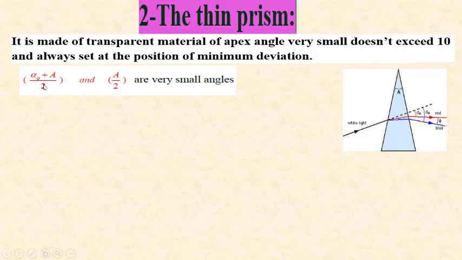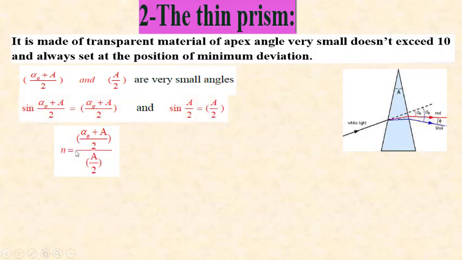But note, if alpha naught plus A over 2 and A over 2 are very small angles, as A equals 10 or less than 10, then the sine of them equals the angle itself. So I can substitute it in the rule for the refractive index without sine.